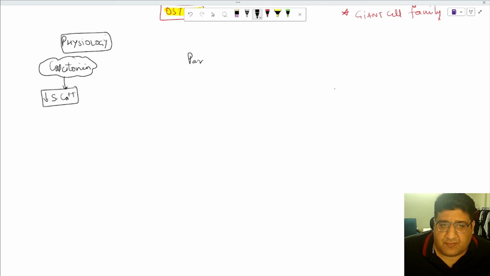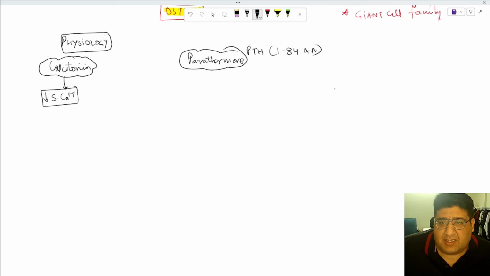There is one more hormone. I'm sure you have heard of this hormone. That is called PTH, parathormone, which contains basically 1 to 84 amino acids. What does parathormone do? Obviously, it will do just the opposite of what calcitonin does. So it increases serum calcium level. I'm sure you all will agree.